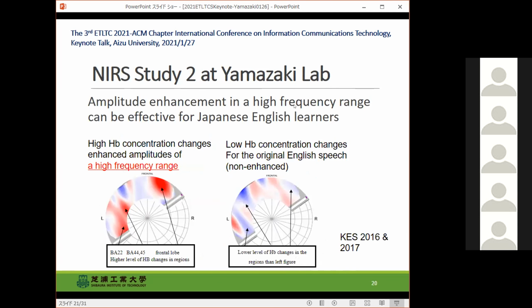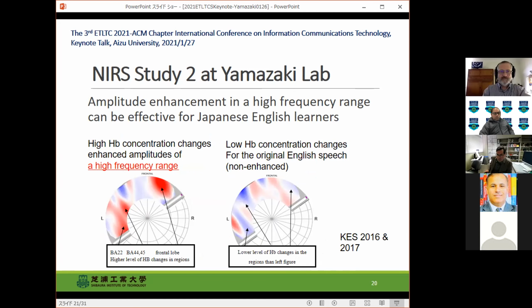We enhanced the high frequency range of English sounds, and then had our subjects, Japanese students, listen to English sentences with the high frequency range enhanced. And we also did the same experiment without any enhancement, and with low frequency range enhancement.